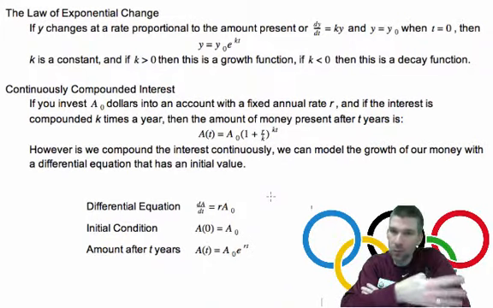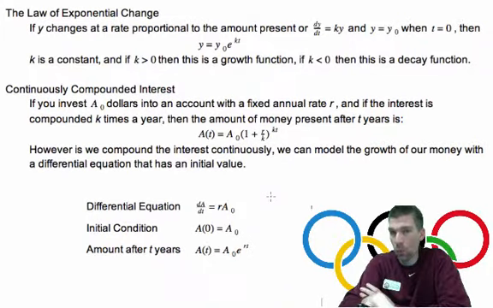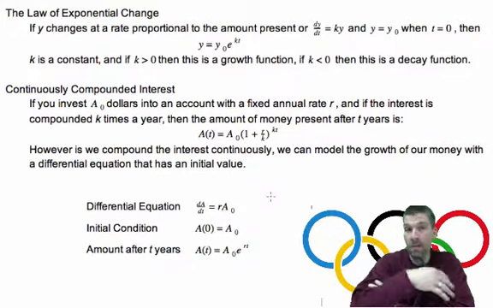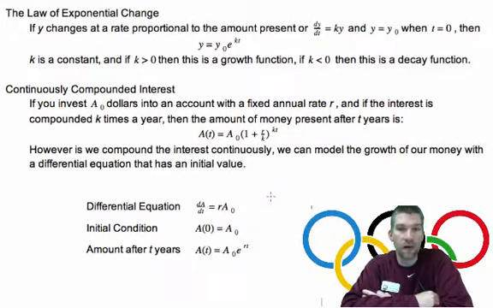So if we apply everything we did on the previous slide to what we're getting ready to talk about here and make this substitution with k and y0, then you have that y, your total amount, is equal to your initial value times e to the kt power. k is a constant, it never changes. t changes, your initial value doesn't change.